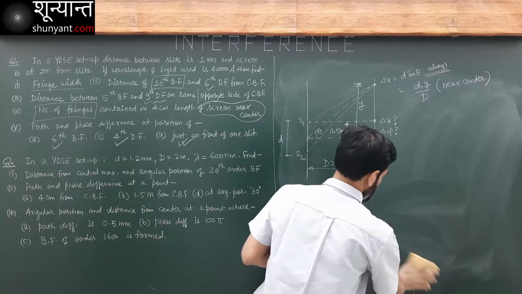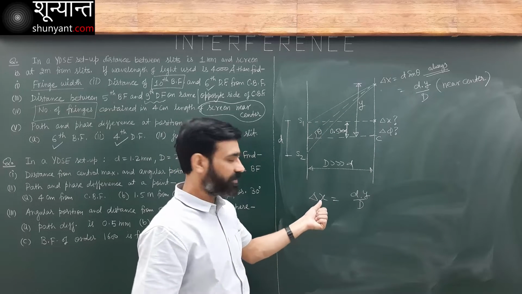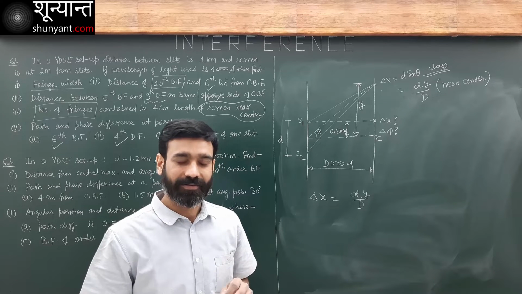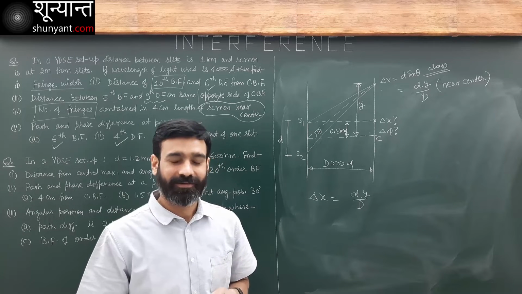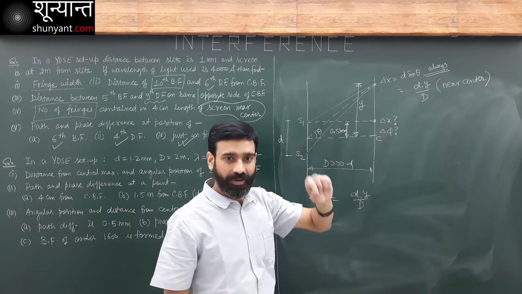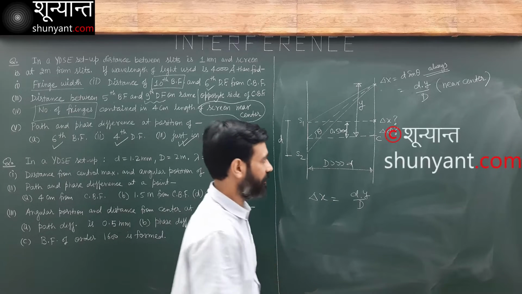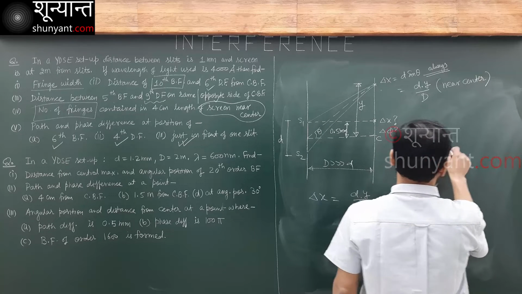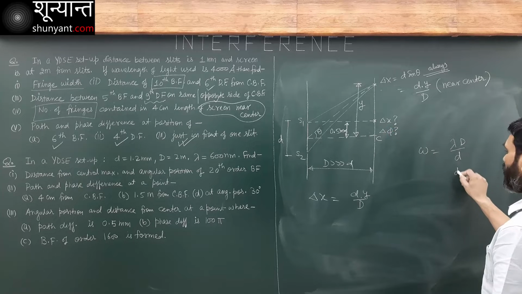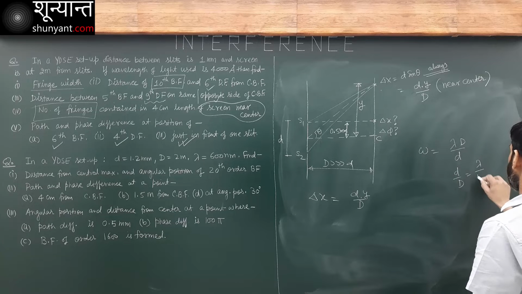At any distance y, can I write the path difference in terms of wavelength and fringe width? Let's try. What is omega? Omega is lambda capital D over small d. So small d over capital D becomes equal to lambda over omega.